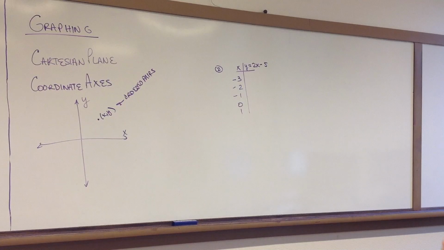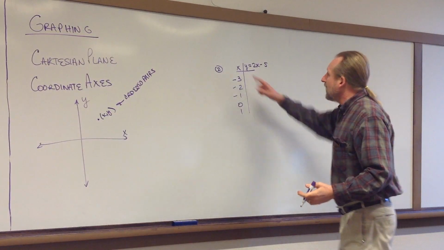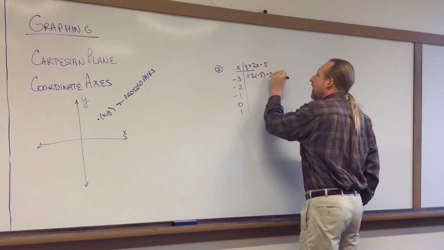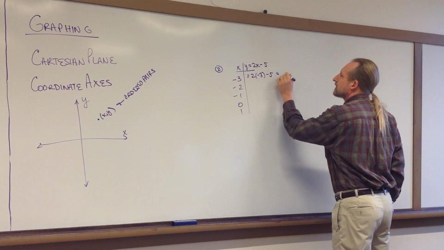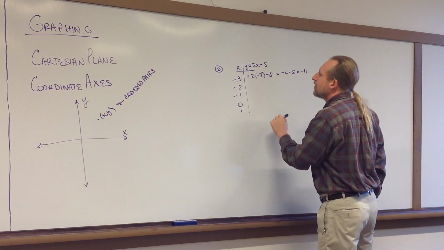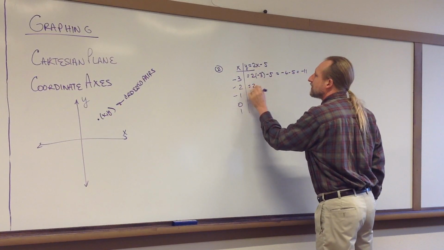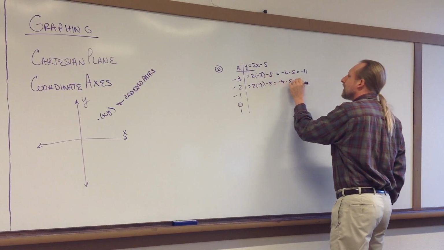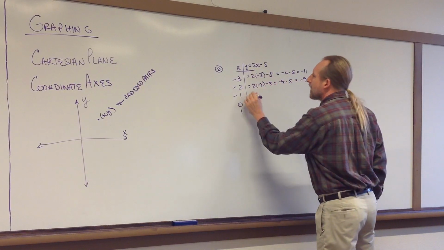All we want to do is plug in the x value for x, and then calculate. So that's -6 minus 5 is -11. For -2, that's -4 minus 5 is -9.